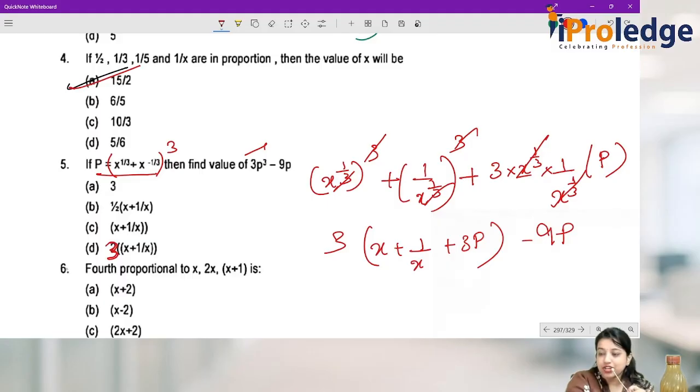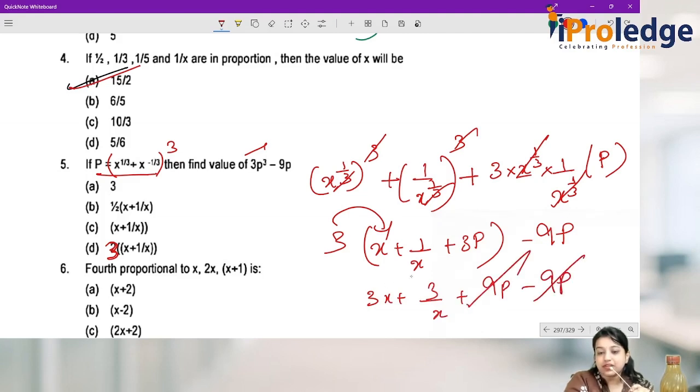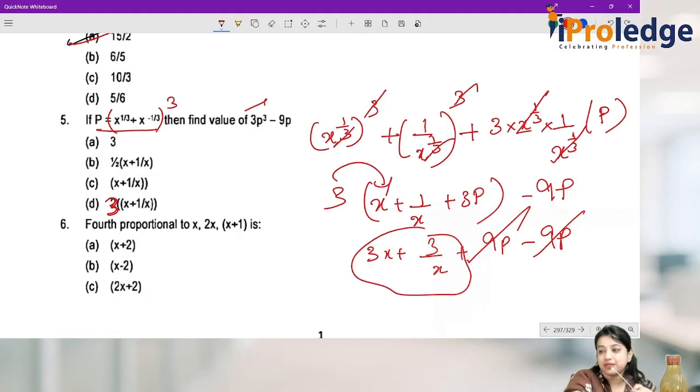It is 3x plus 3 by x plus 9b minus 9b. What is remaining? 3x plus 3 by x, and that is 3 into x plus 1 by x. It is not 2, it is 3.